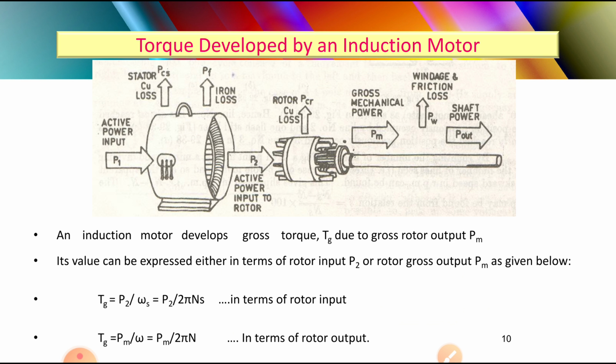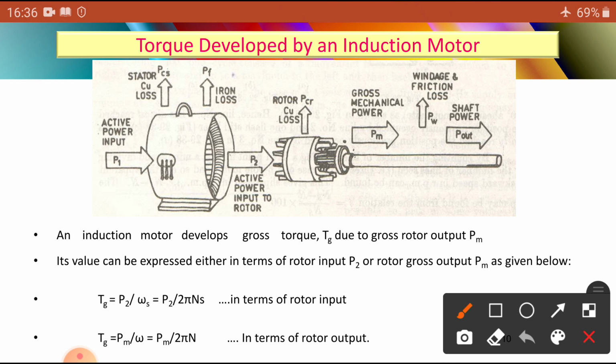You can see here, an induction motor develops a gross torque Tg due to the gross rotor output. So what is that torque? We know that torque is related to the power, whatever the input power. What is the formula? Power is equal to angular velocity omega into T, torque.